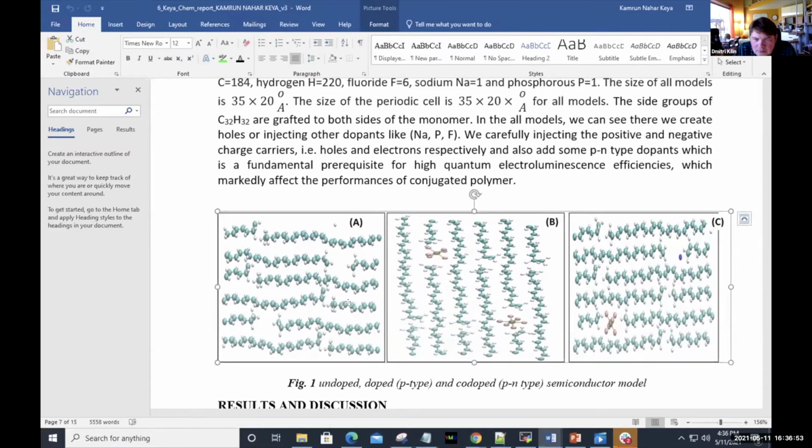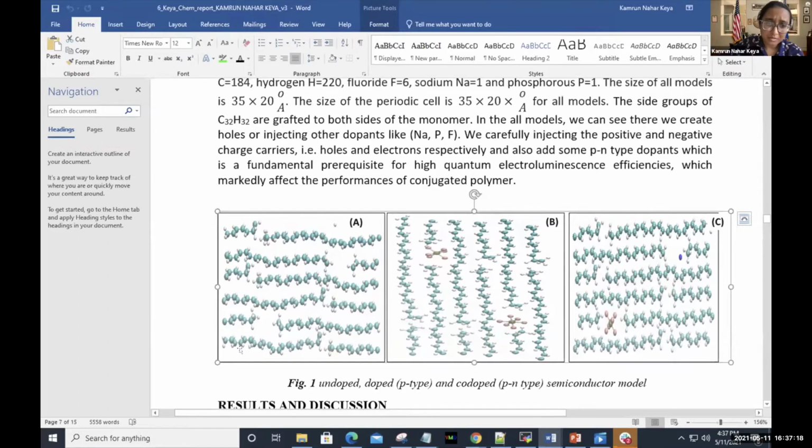Sorry, Professor, I don't get it. Which material are you modeling? Polyacetylene. Is it a single molecule of polyacetylene, or several?